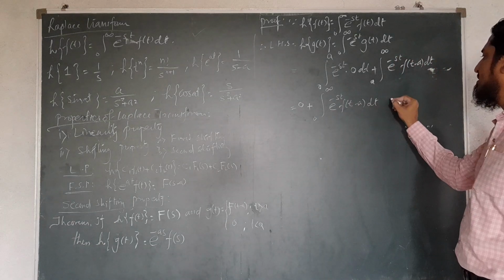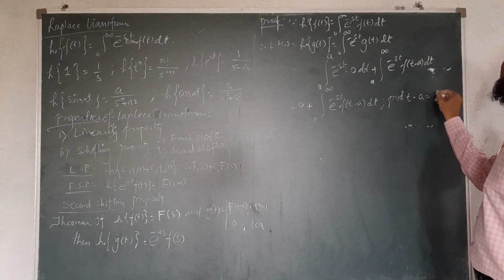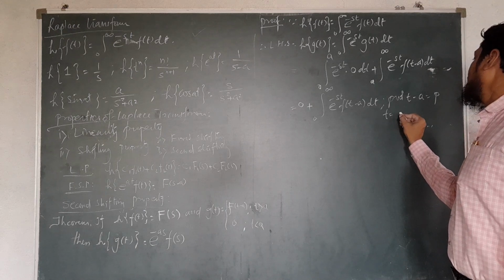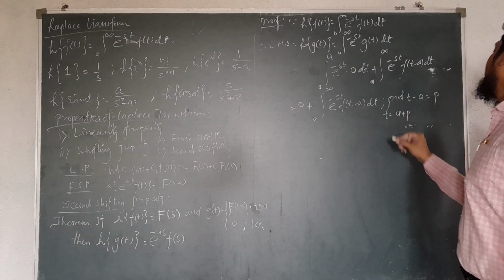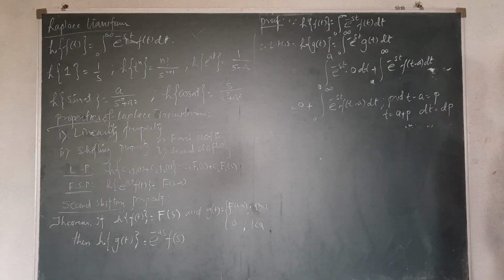Now put t minus a equal to p. This implies that t is equal to a plus p, and if we differentiate we will get dt equal to dp. Correct?